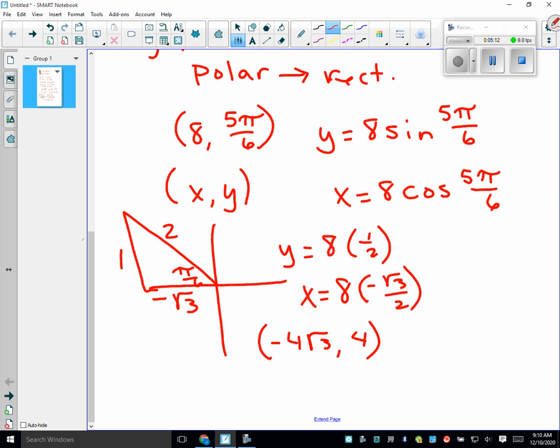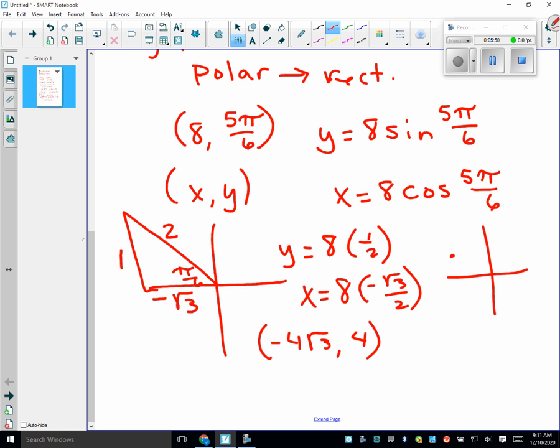Is that in quadrant 2? When we did the polar, didn't we say 5 pi over 6 was here, and so it was about right there? Where is this rectangular point? Here? They line up. They're the same spot, just listed as rectangular or polar. How does this make so much sense?